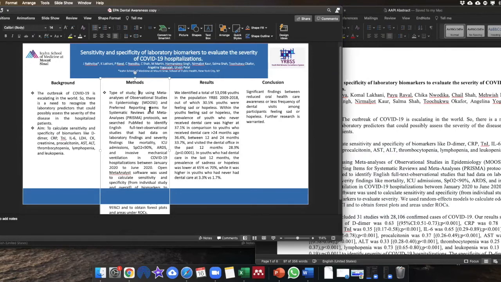Then systematic review and meta-analysis.